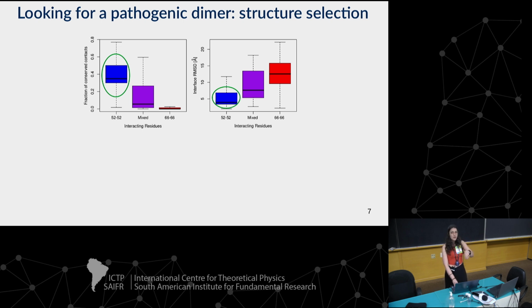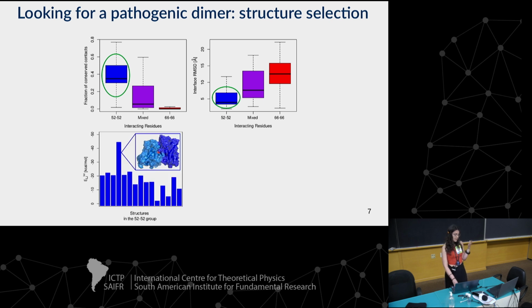So we restricted our analysis to this group and looked at the interface Lennard-Jones interactions, which we previously, in another work, demonstrated to be dominating in stabilizing binding. And as you can see, there is a specific complex that displayed a highly favorable contribution to this energy.